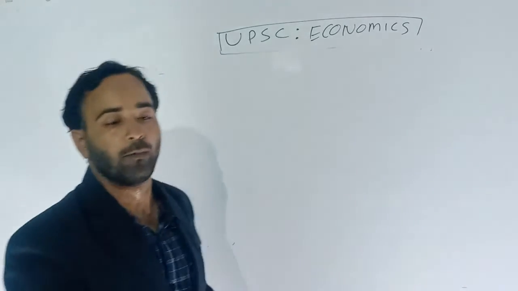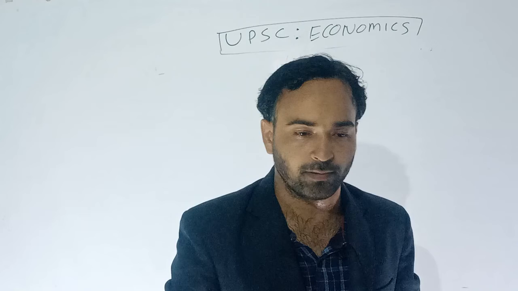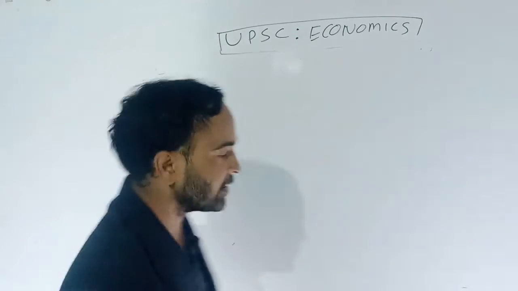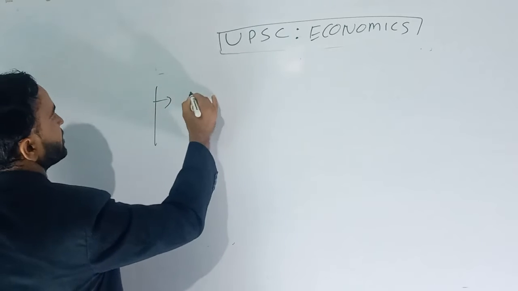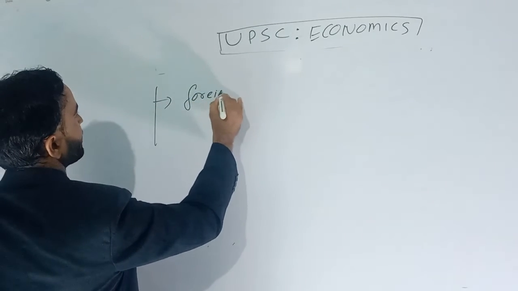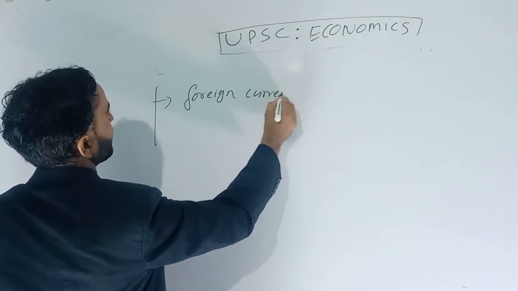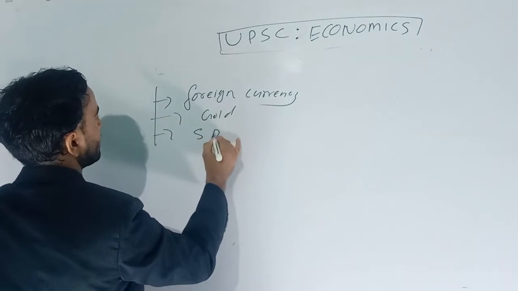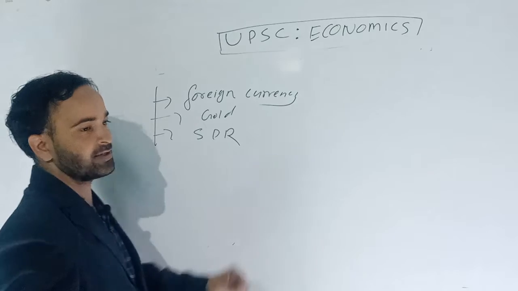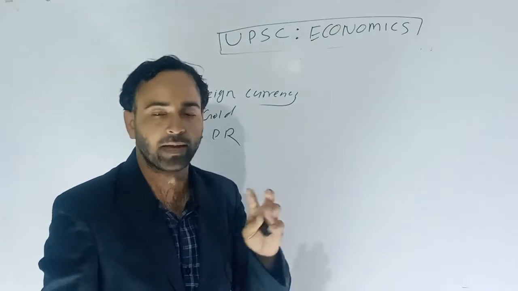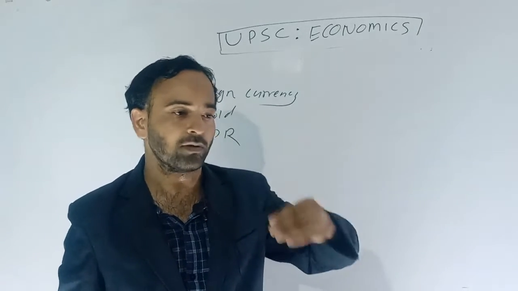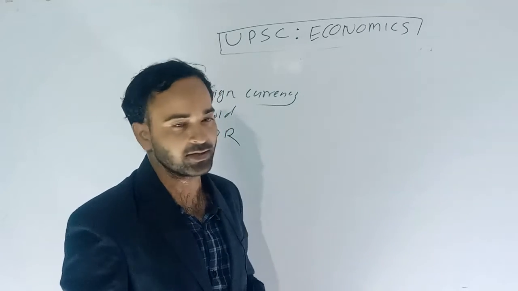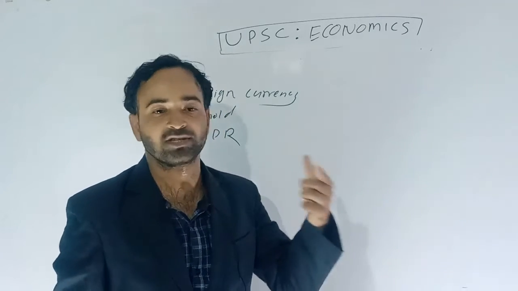Now tell me, what are the components of Forex reserve? That can be asked in the examination. The components of the Forex reserve are foreign currency, gold, and third, SDR. SDR is not a currency. It is just like my purse. In my purse I put 100 rupee, 20 rupee, 50 rupee, 500 rupee currency, but my purse itself is not a currency.